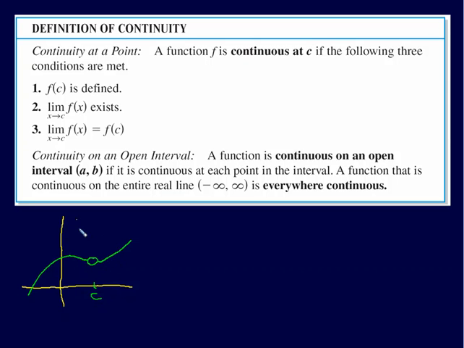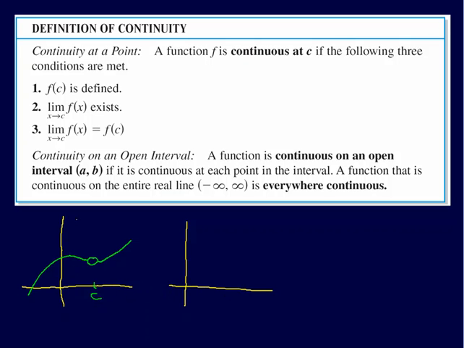The second requirement is the limit as x approaches c must exist. I could draw a graph that has a value of the function but no limit, and then it still would not be continuous. Watch, I will draw it again.